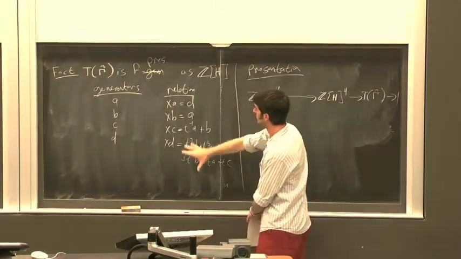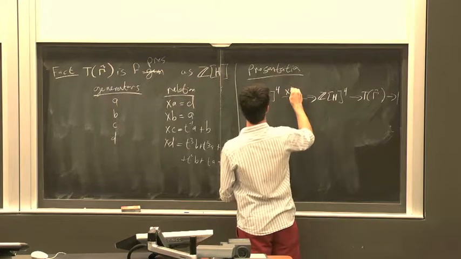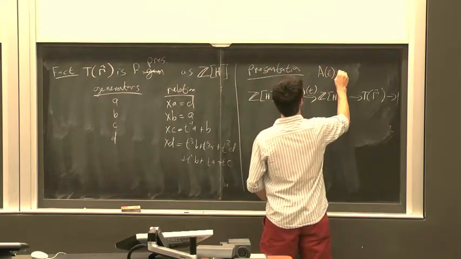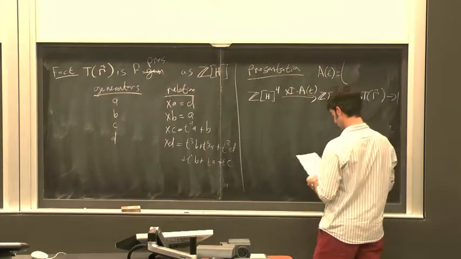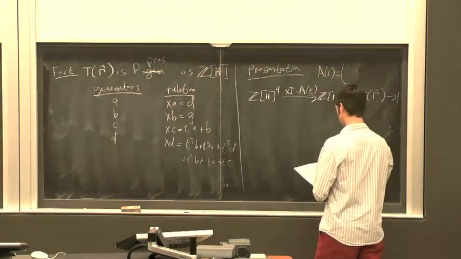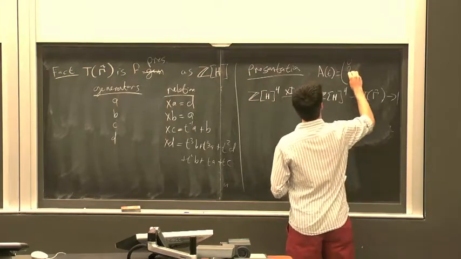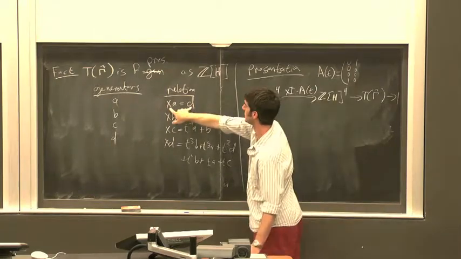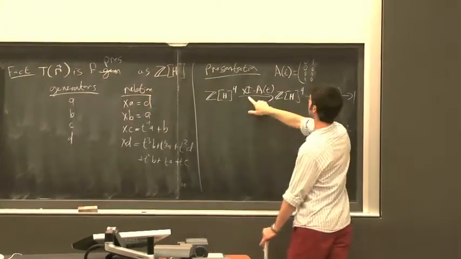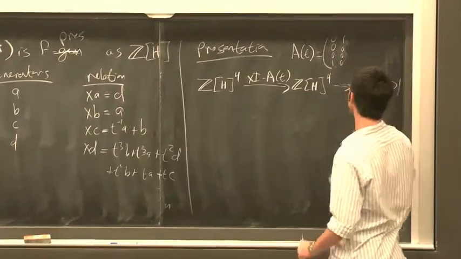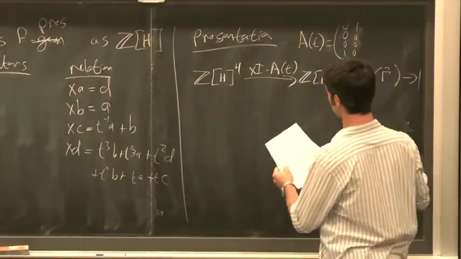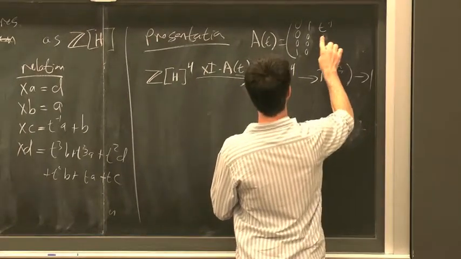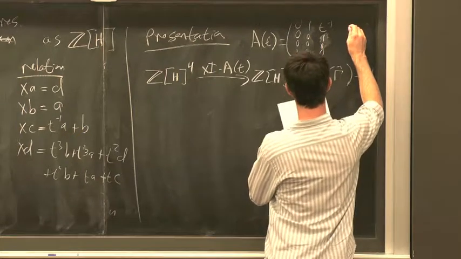If you just take these relations and write them down, you get something like this: xI minus A_t, where A_t is this matrix. Right, so this is the first row. It says that XA is equal to D. So that's like what xI minus A_t is, that one is for D. Okay. And so I'm just writing down what that matrix is. So 1, and then some complicated thing.